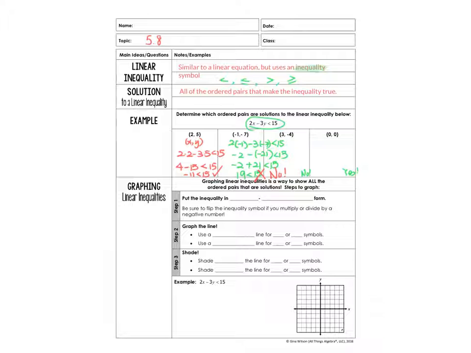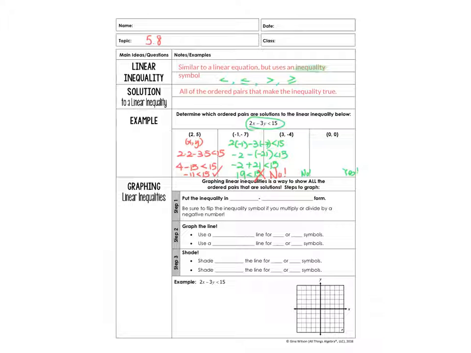Okay, so now go back to the first day when we started solving linear equations. We started with graphing. Same thing here. How do we solve linear inequalities? By graphing.